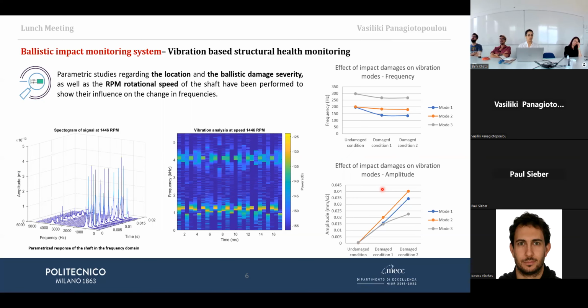So we perform parametric studies regarding the location and the ballistic impact severity, as well as some operational parameters such as the rotational speed or the thrust and the torque provided by the tail rotor, in order to understand the influence of these parameters on the frequency drop. Because what we expect to see is the frequency to be reduced due to the presence of damage, while the amplitude will be increased.